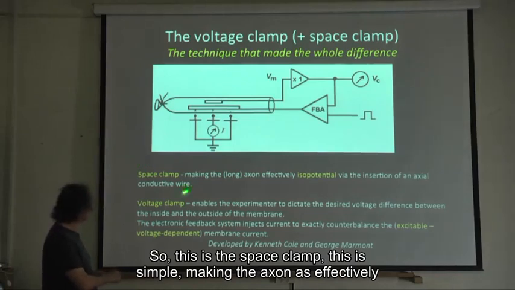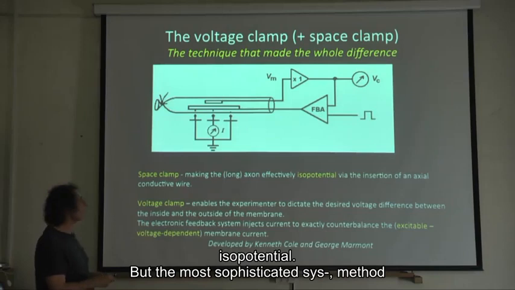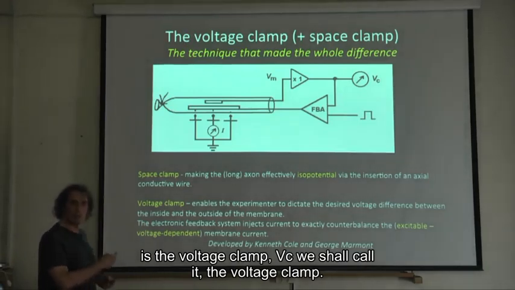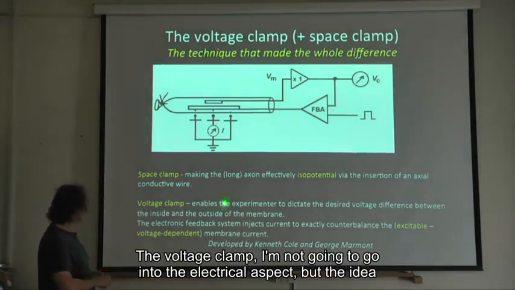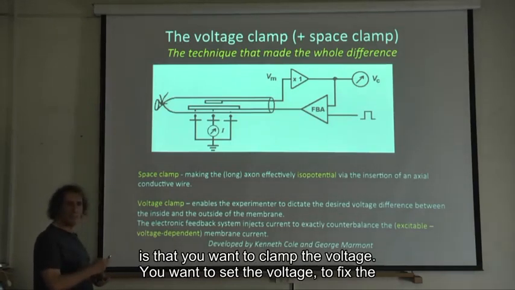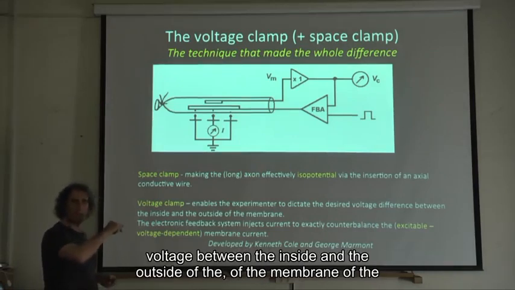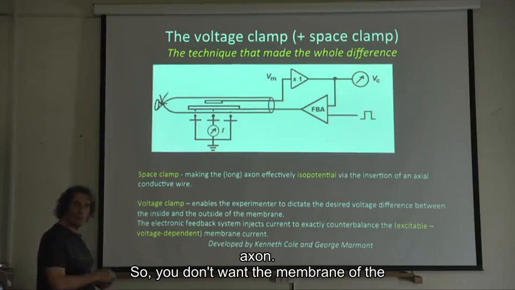This is simple, making the axon effectively isopotential. But the more sophisticated method is the voltage clamp, VC we shall call it. I'm not going to go into the electrical aspect, but the idea is that you want to clamp the voltage, to fix the voltage between the inside and the outside of the membrane of the axon.